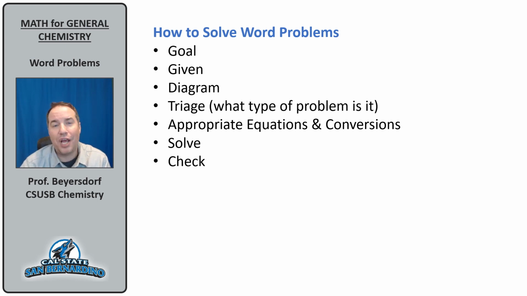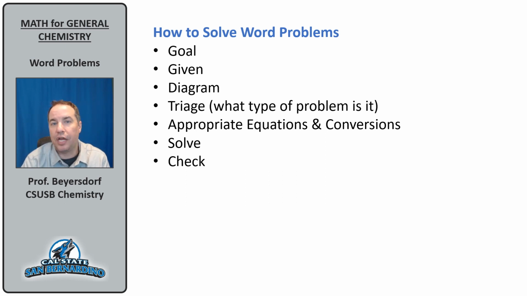Then triage. If you've ever gone to the ER, the first nurse you see is called the triage nurse. The triage nurse basically takes the information in and says, all right, is this an emergency or can you wait a little bit? Is this a heart issue or is it a bone break? Because that determines what has to be done.